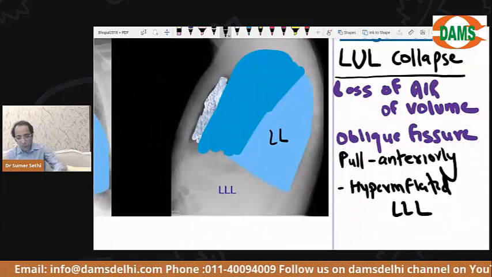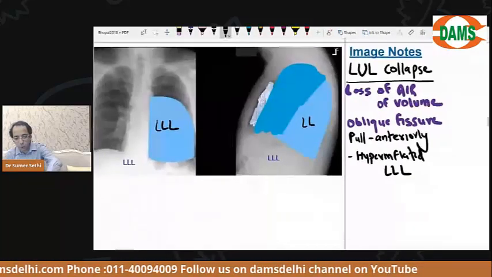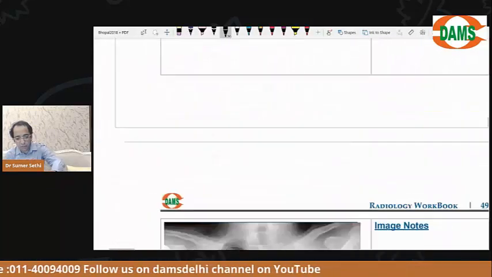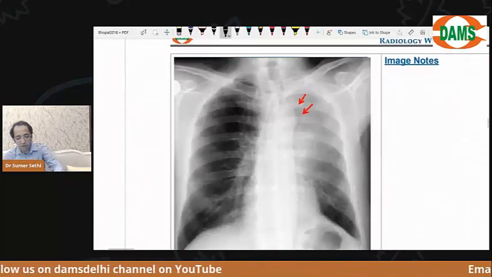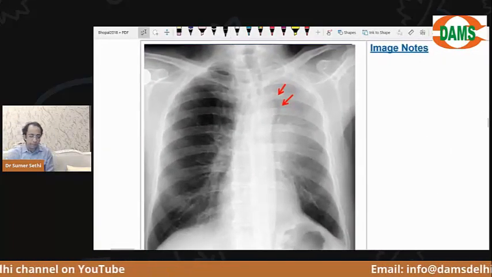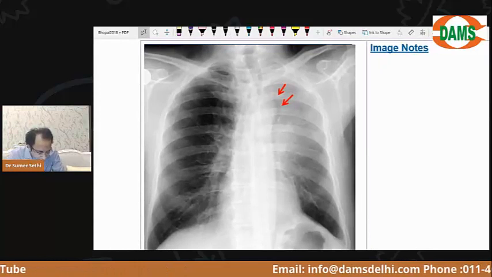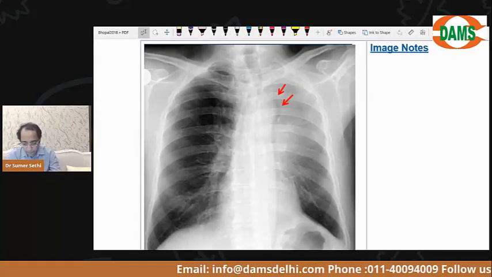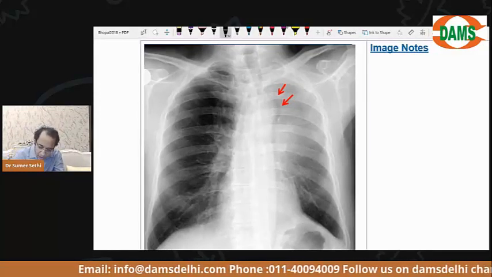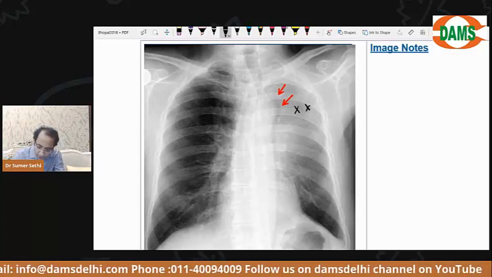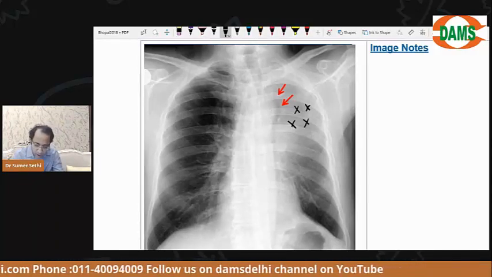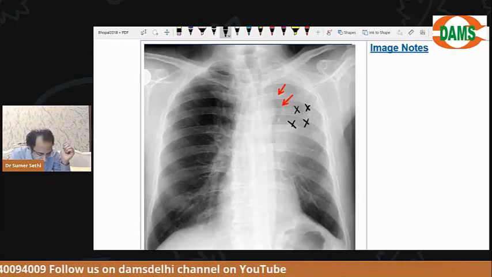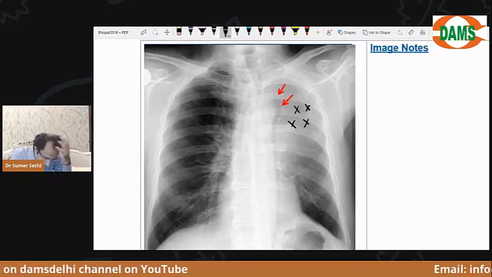Okay, now let's look at an X-ray of left upper lobe collapse. Left upper lobe collapse is very difficult to diagnose on an X-ray. Now I want you to understand and look at this area. ठीक है, यहां पे देखना है बेटा, बताना है. The area that I have marked, everybody focus and answer.